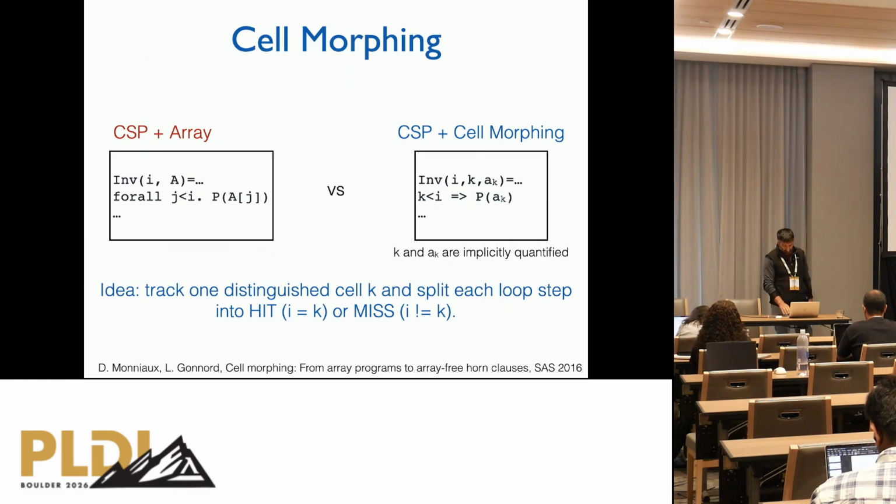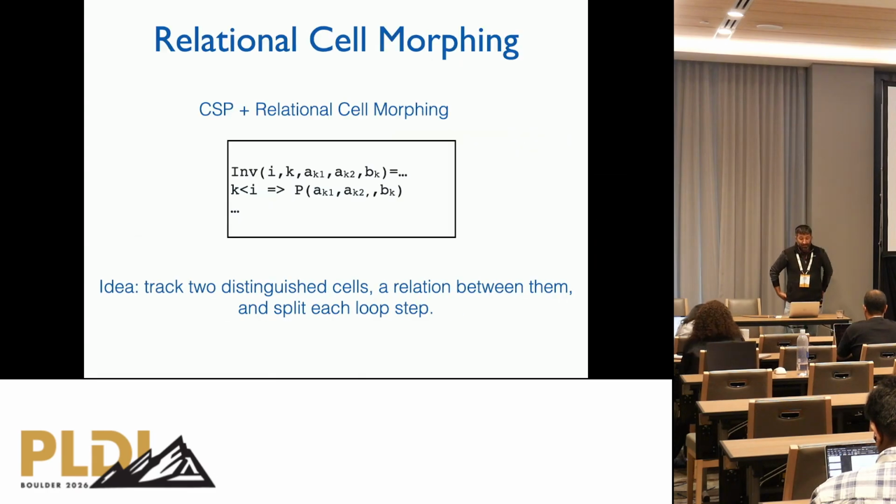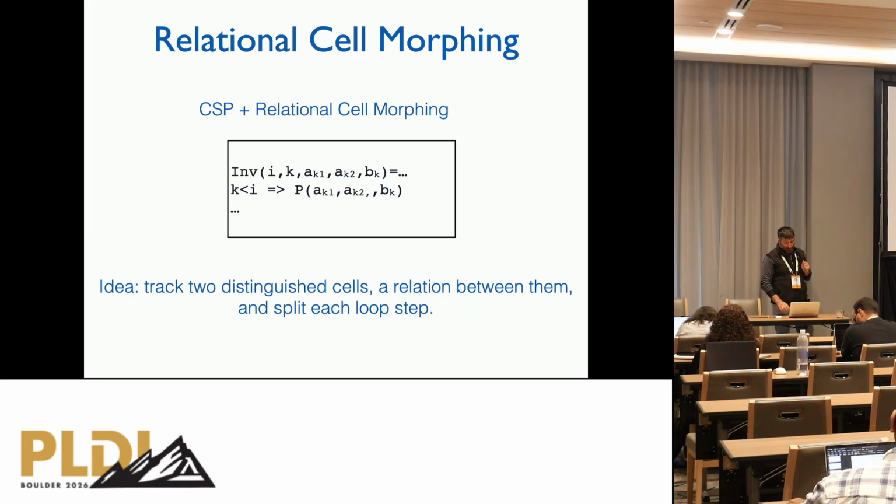The way we extend it is to a notion of relational cell morphing, where instead of keeping track of only one value for an index, we keep track of two values, but not only the two values, also some property, some relation between these two values. This is what this b_k here is.